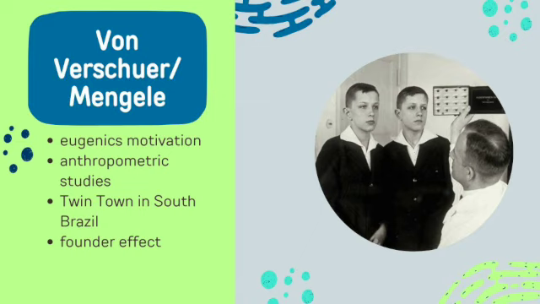I'm not going to pronounce this name totally correctly, but Otmar von Verschuer was a German geneticist and biologist, and he did a lot of these studies that were overseen by the Nazi Party.